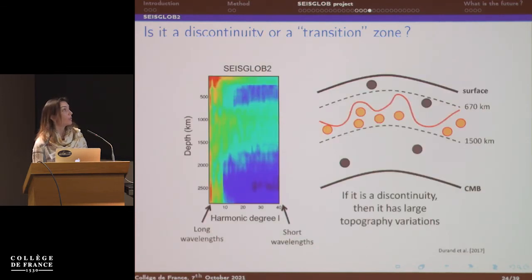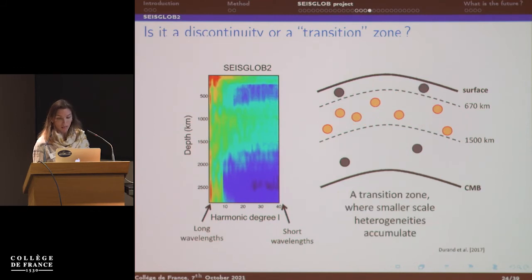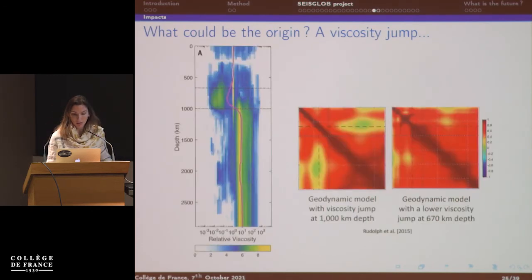We don't have the resolution to see a discontinuity. If we see this whole range, it would mean that this discontinuity has a very large topographic variation. Or maybe it's just a transition zone, and for some reason you have an accumulation of small-scale heterogeneities. The origin of that is still open and in discussion, but there were different studies that can provide some insight.